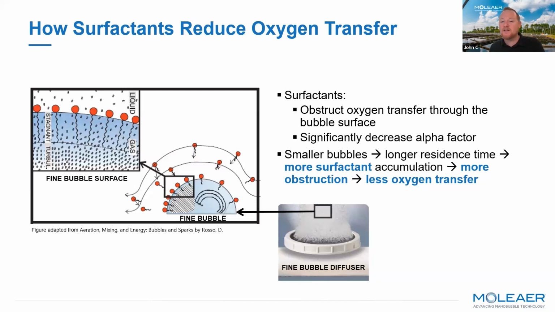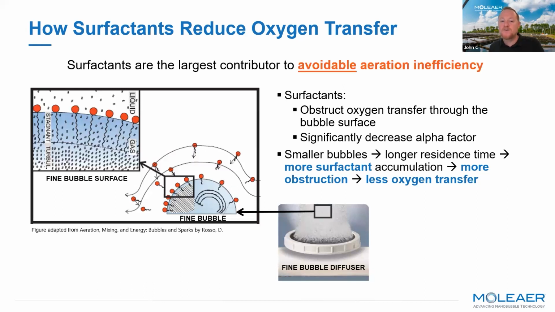They significantly decrease alpha factor. Smaller bubbles mean longer residence time as they slowly travel to the surface of our aeration basins, accumulating more surfactant, causing more obstruction, and further reducing oxygen transfer. Surfactants are the largest contributor to avoidable aeration inefficiency.